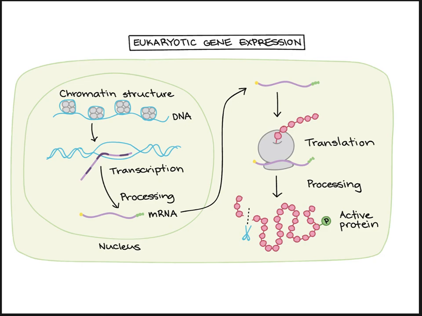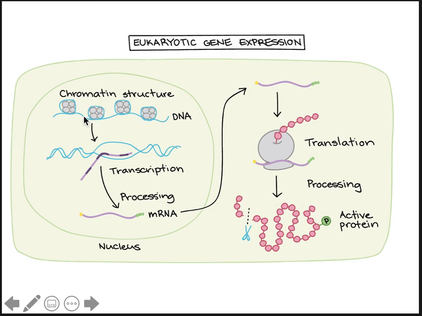Okay, so again, prokaryotes don't have organelles. It all happens in the same place in the cytoplasm. DNA, on the other hand, is in the nucleus, and it's tightly wound. It's not as tightly condensed as a chromosome, but it's still somewhat condensed as chromatin.